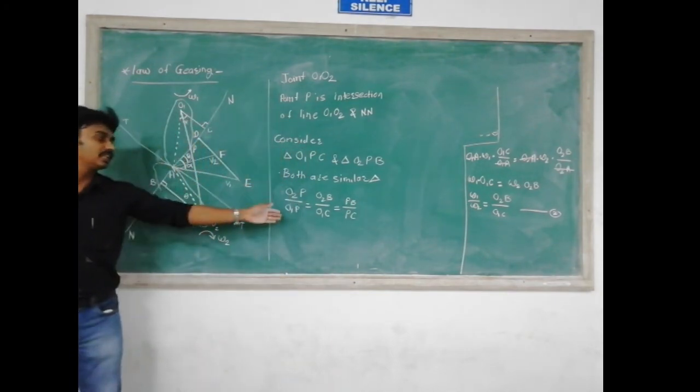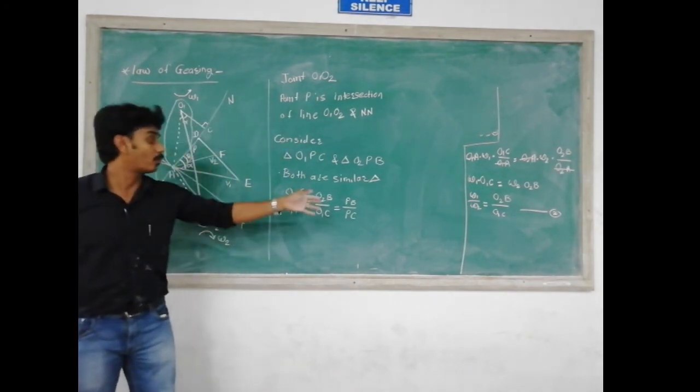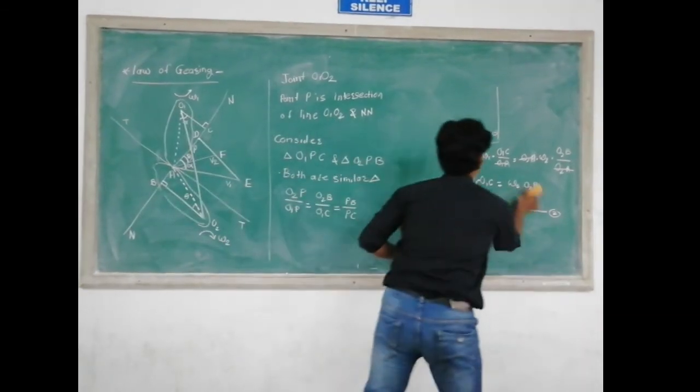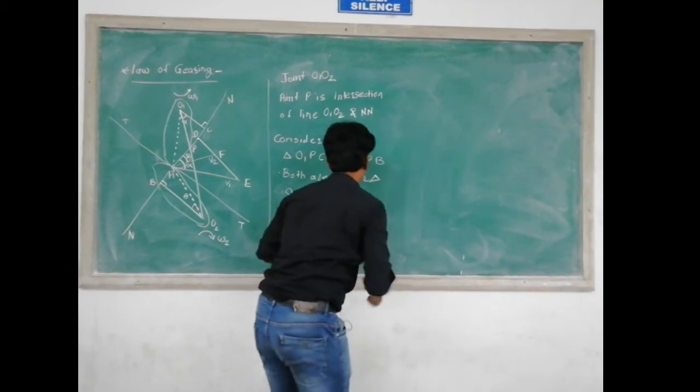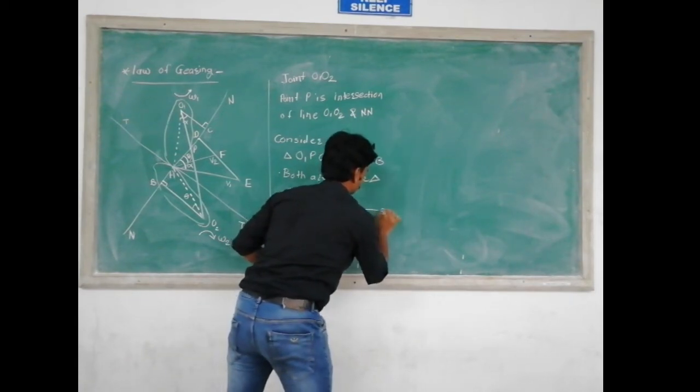The ratios will be the same, and this is the property of similar triangles. By using this property of similar triangles, we mark it as equation 3.